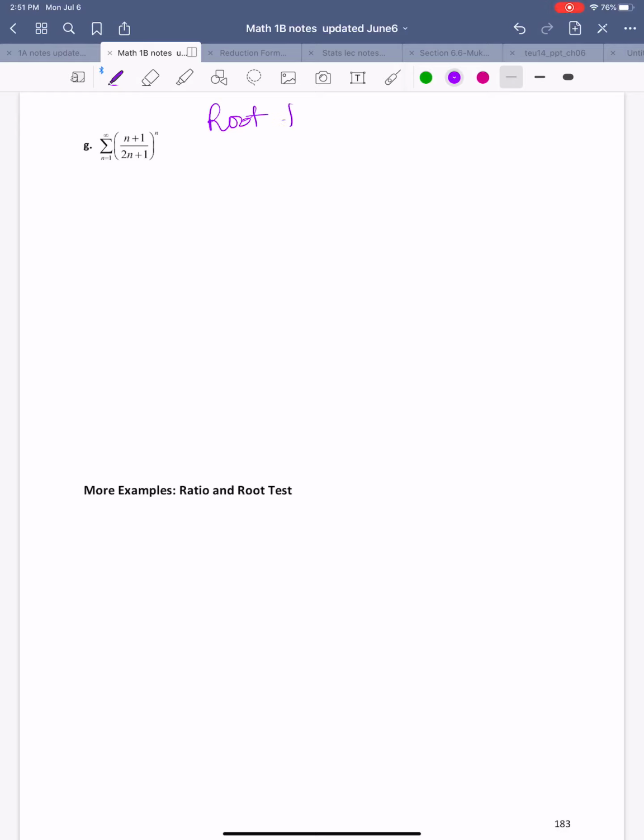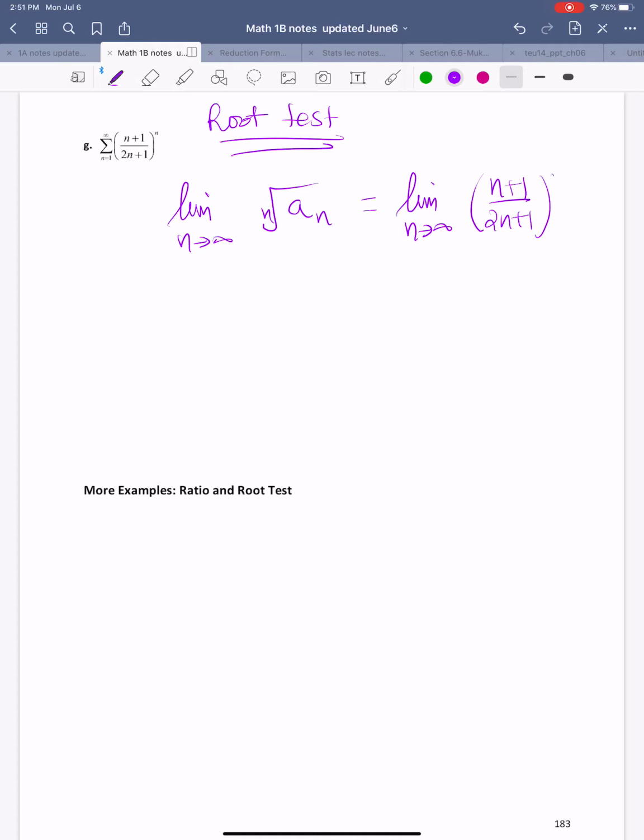The root test says go ahead and do limit as n goes to infinity of the nth root of an, and that would be the nth root of n plus 1 over 2n plus 1 to the nth power, raised to the power 1 over n, because nth root is also the same thing as power 1 over n. When I multiply n times 1 over n, that is gone. So all I'm left with is limit as n goes to infinity of n plus 1 over 2n plus 1.